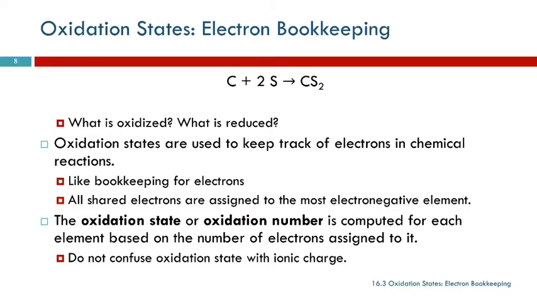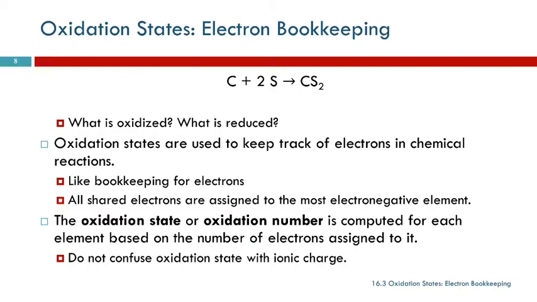So we came up with something called oxidation states to help us figure out questions like this. Oxidation states are just a man-made thing. It's sort of a bookkeeping method for electrons. The general idea is that the electrons in this compound between carbon and sulfur are not shared equally.